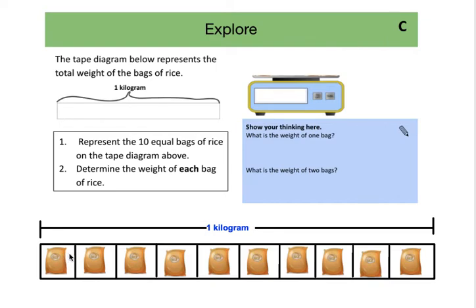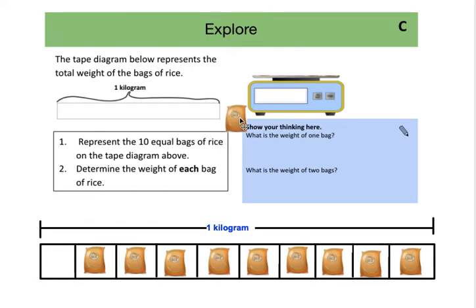How much would one bag weigh if we know that all 10 will give us a whole? How would we say that in a fractional form? How would we say one bag out of these 10? Yeah, we'd say 1/10 of a kilogram. Now, how would we write that in decimal form?